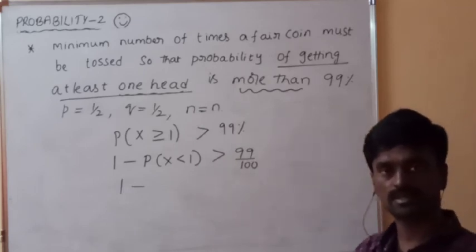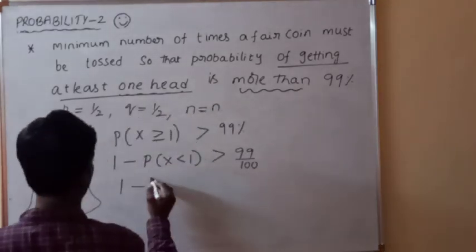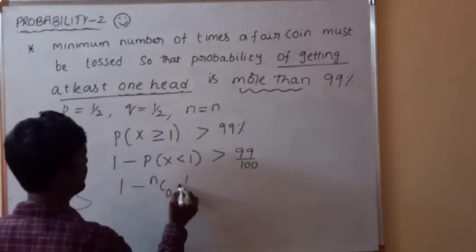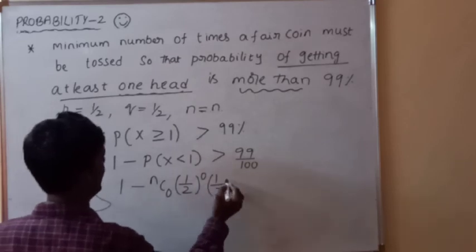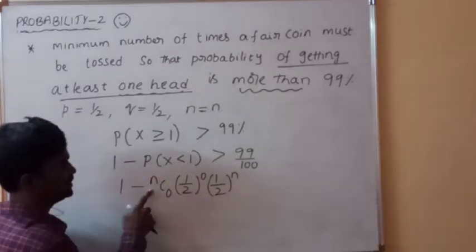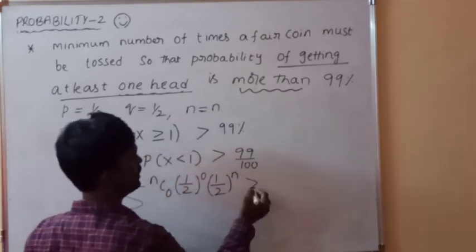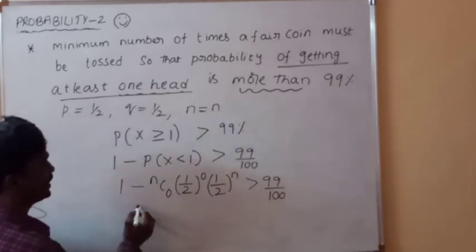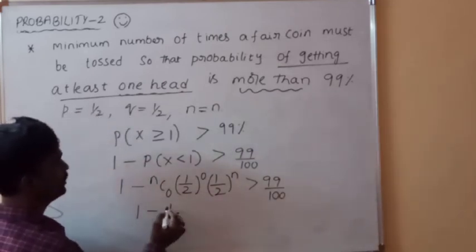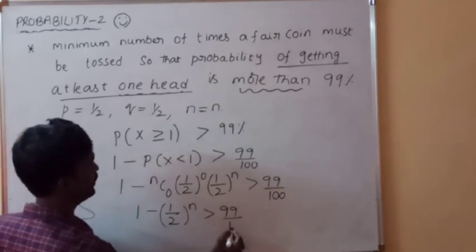So what will you get for P of 0? nC0 (1 by 2) to the power 0 into (1 by 2) to the power n. Correct? nCr p to the power r q to the power n minus r is greater than 99 by 100. Or this can be written as 1 minus (1 by 2) to the power n greater than 99 by 100.